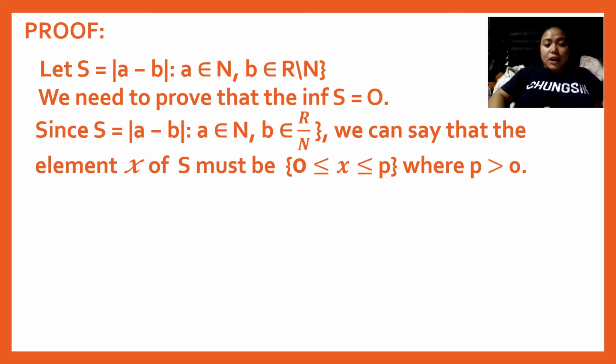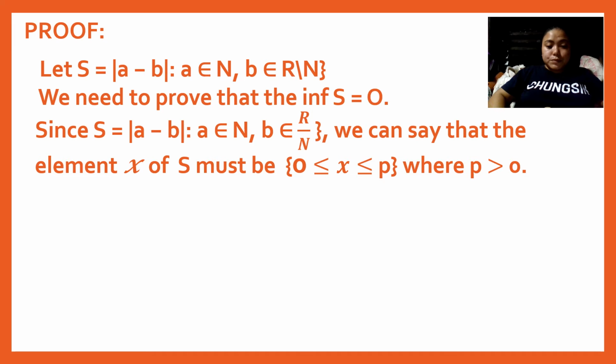Since S is the set of absolute differences of a and b such that a is an element of N and b is an element of R minus N, we can say that an element x of S must be greater than 0 and less than or equal to p, where p is greater than 0.